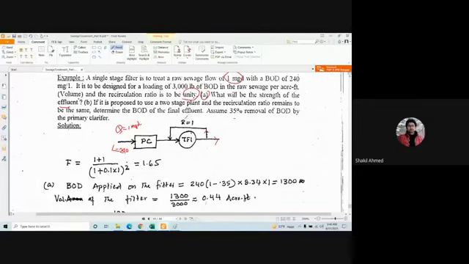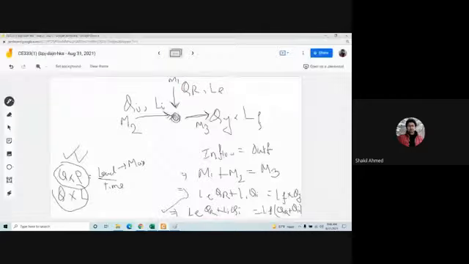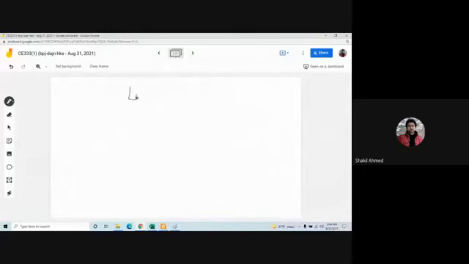So this is 1. It is to be designed for a loading of 3,000 pound of BOD in the raw sewage per acre. That means the BOD loading, load per unit volume, should be 3,000 pound per acre feet.